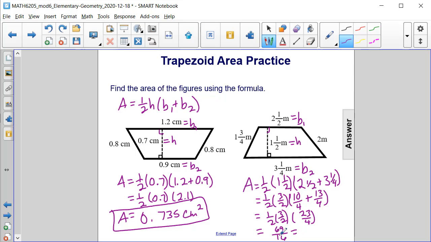So then if we divide 16 into 69, it goes 4 times, and that's 64, so there are 5/16 remaining. So our final answer for the area of this trapezoid is 4 5/16 square meters.